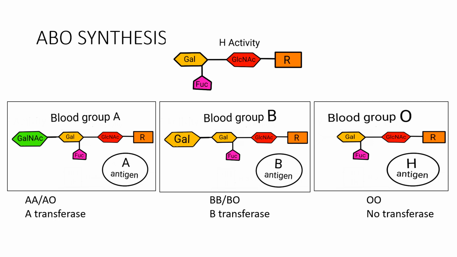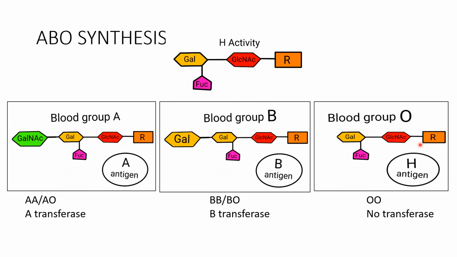So coming to the ABO synthesis, we have got this H antigen now. Which chain is this? This is a type 2 chain because it is a beta 1,4 linkage, and you can see there is a fucose attached. That means this is an H antigen which is present.